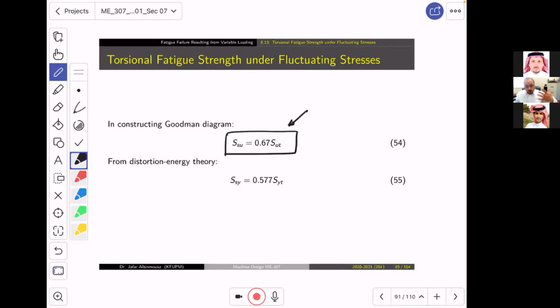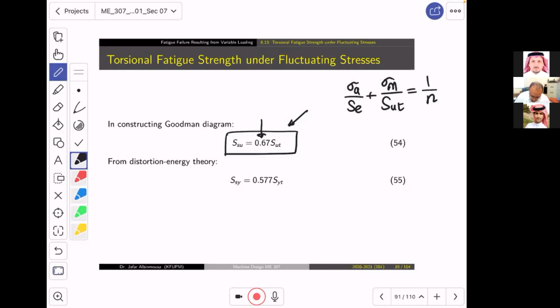This means that in any fatigue equation that has an ultimate strength in tension, we replace it with the ultimate in torsion by multiplying it by 0.67. So if I want, for example, to use Goodman, we have sigma A divided by SE plus sigma mean divided by SUT, which is equal to 1 over N.